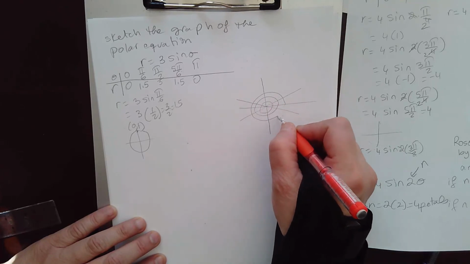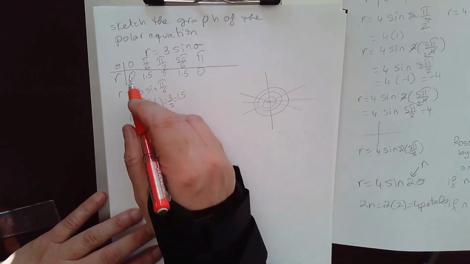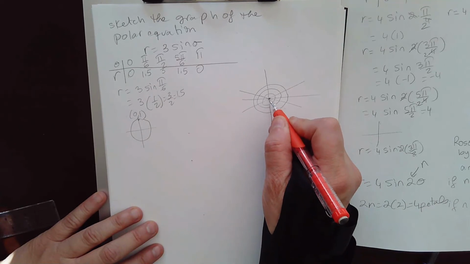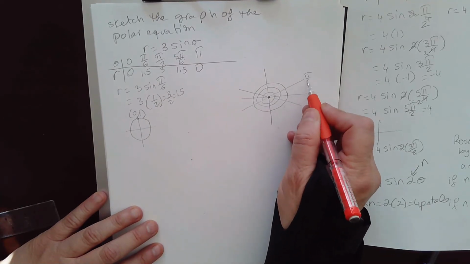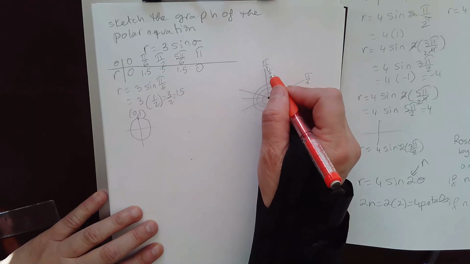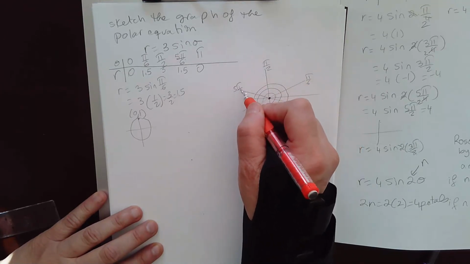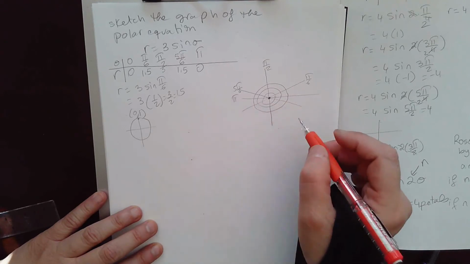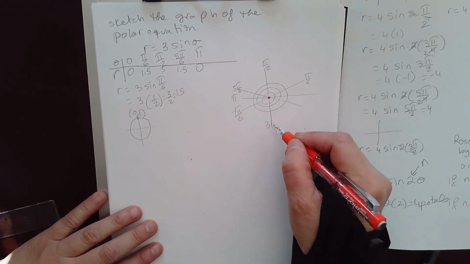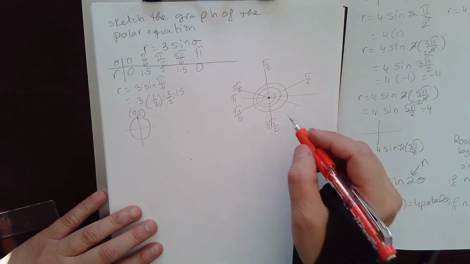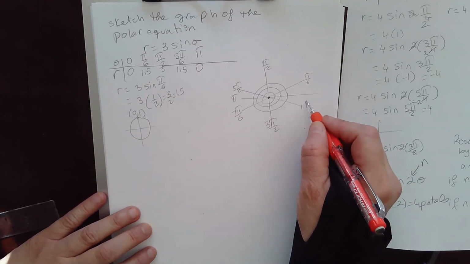There you go. When theta is 0, r is 0. Theta is pi over 6, here's pi over 6, here is pi over 2, 5 pi over 6, pi, 7 pi over 6, 3 pi over 2, and 11 pi over 6.